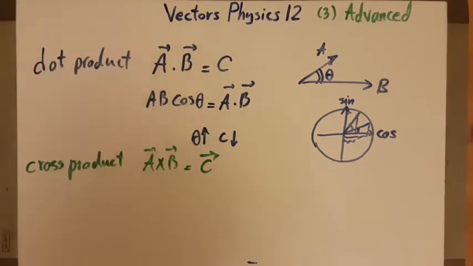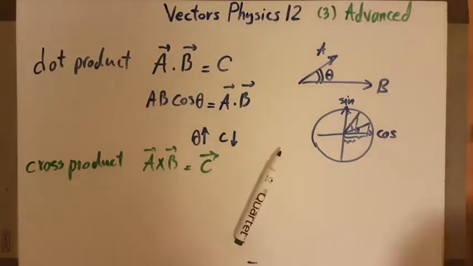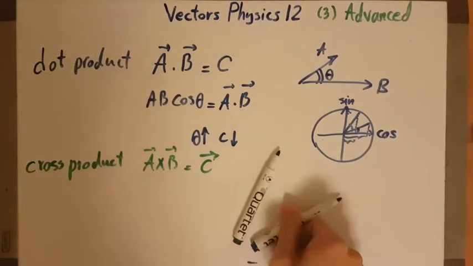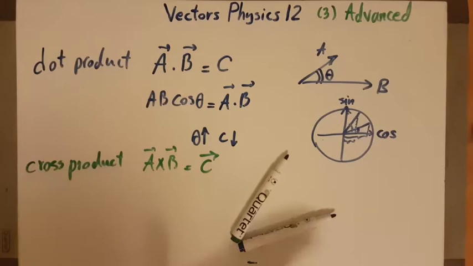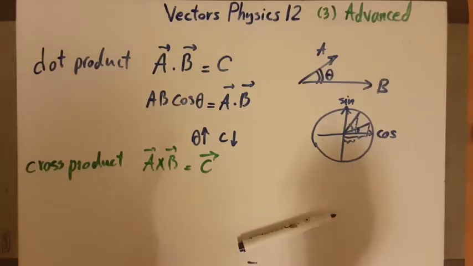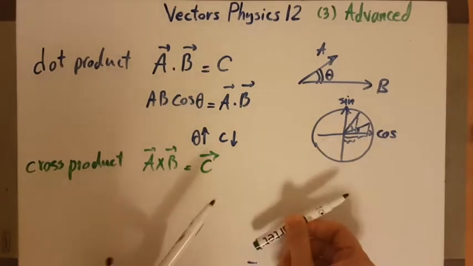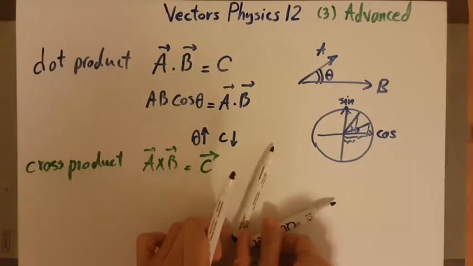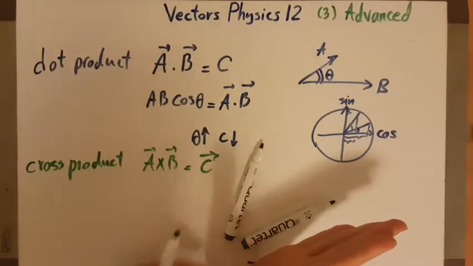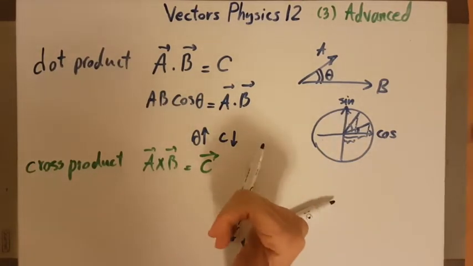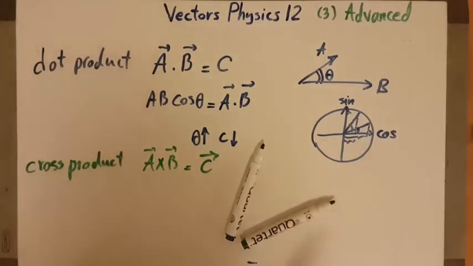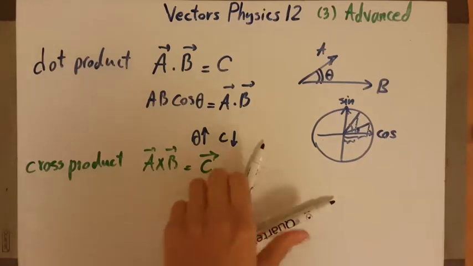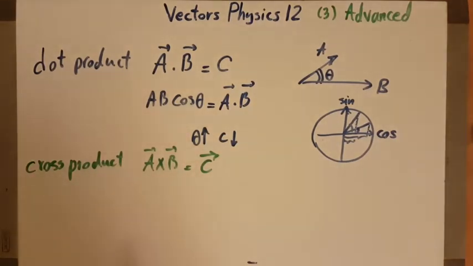I'll show you how it is. Let's say this is A and this is B. From A, go to B, this is C. I can show it in diagrams also.